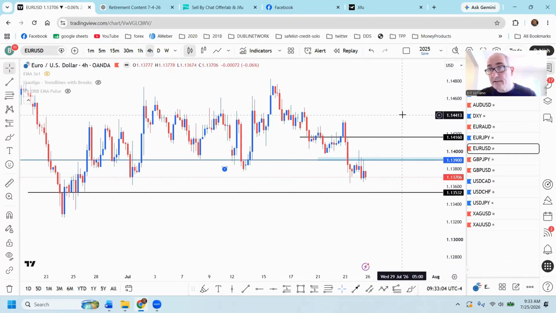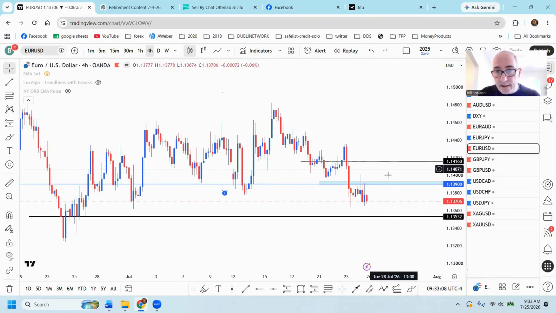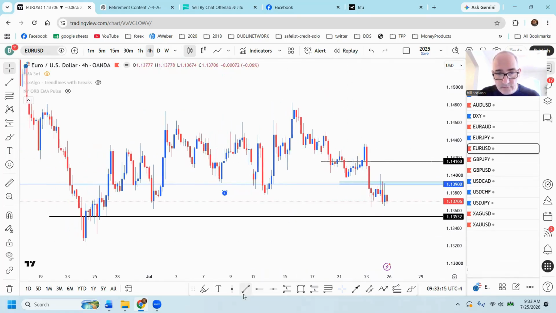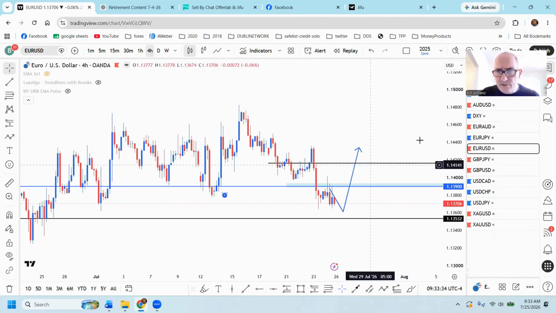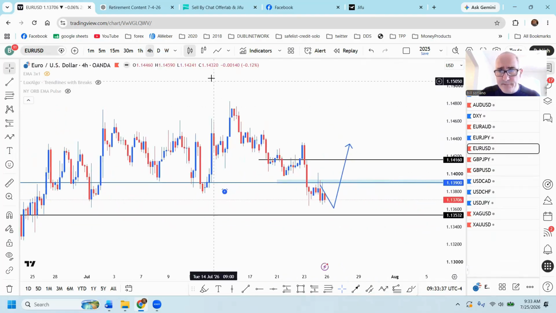So we're currently bearish on EUR-USD as well. And we're probably going to be bearish until this area up here is broken, until we get a break of structure up in this area, or some price action that turns around and breaks structure to the upside. Until that happens, we are bearish.